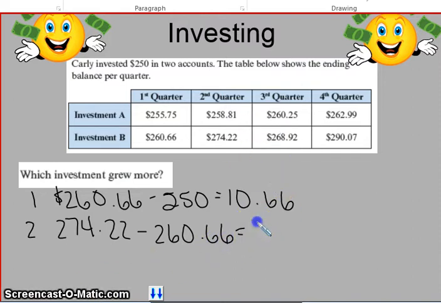Here we get an investment growth of $13.56. All right, so if we're looking for which quarter grew more, we can definitely rule out first quarter because it grew less than second quarter.